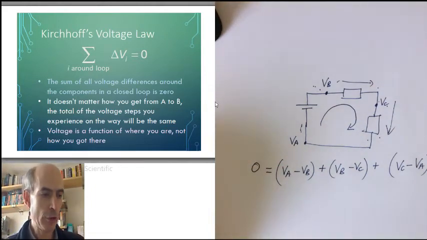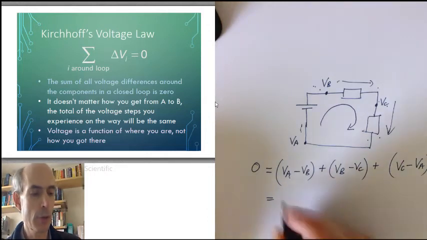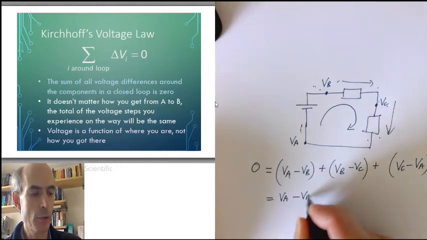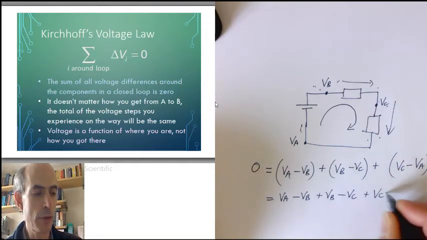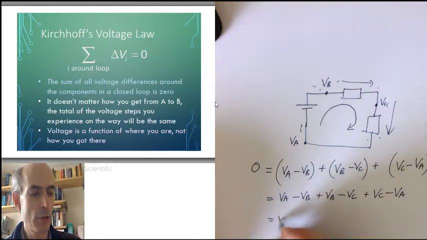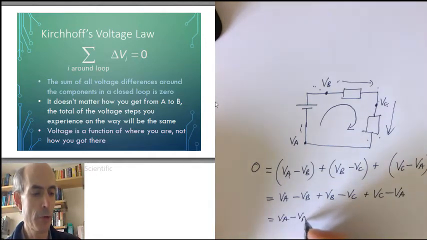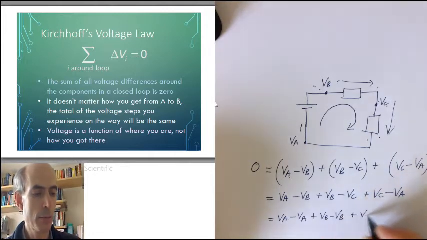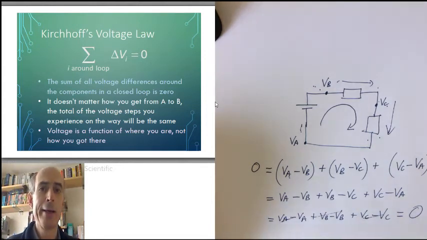which you might consider to be obvious, really, because all I have to do is expand these brackets, and I end up with VA minus VB plus VB minus VC plus VC minus VA, which is, if I just rearrange the terms a bit, VA minus VA plus VB minus VB plus VC minus VC, which is clearly equal to zero.